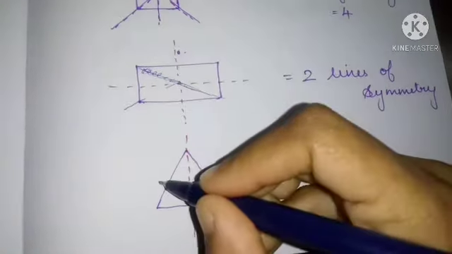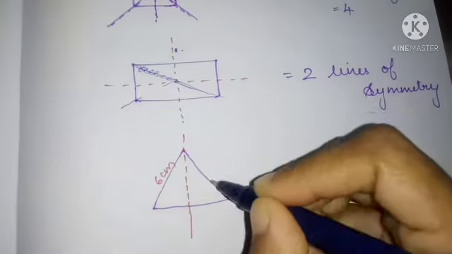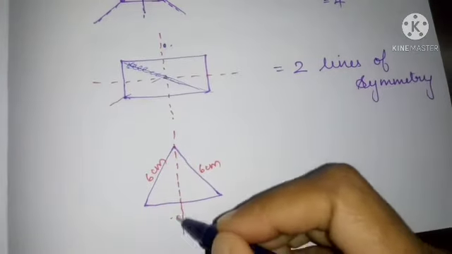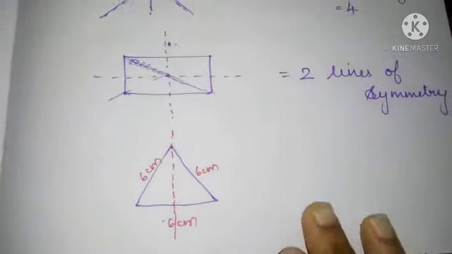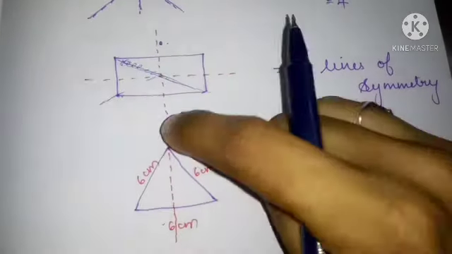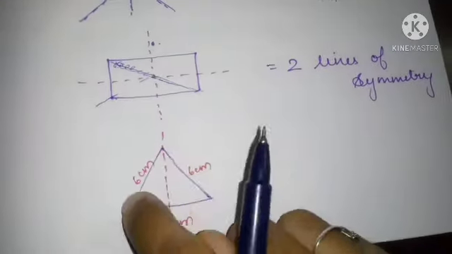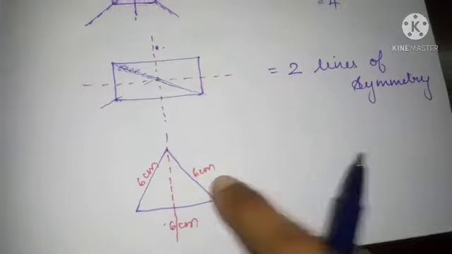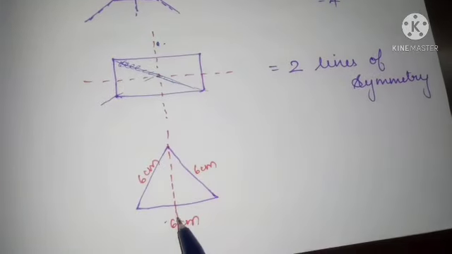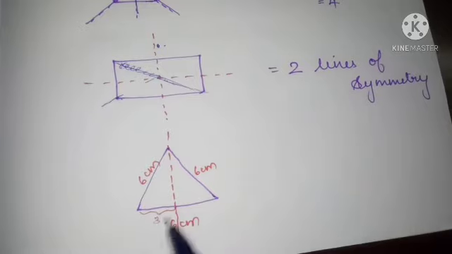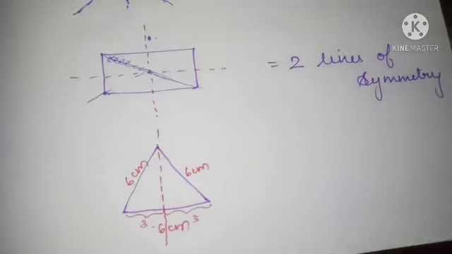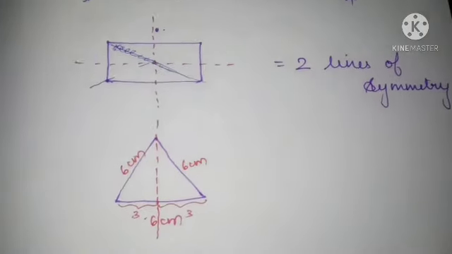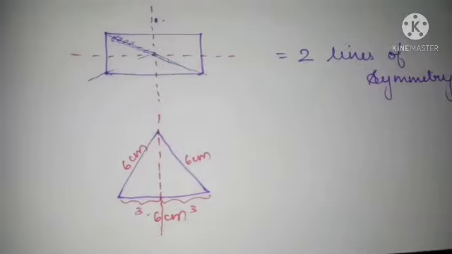For example, you have 6 centimeter, 6 centimeter, 6 centimeter. If I draw one line of symmetry, here 6 centimeter will be there, here also 6 centimeter. It passes through the center. This will be 3 centimeter, this also will be 3 centimeter. So they form a mirror image.